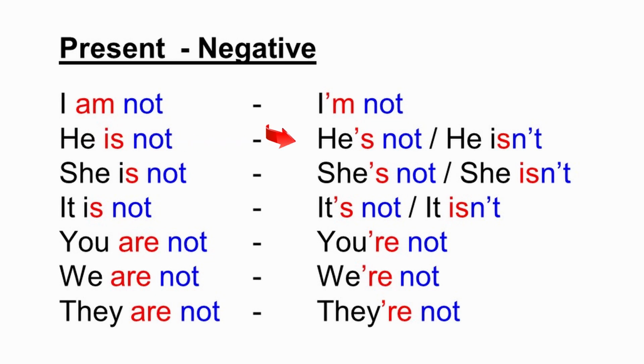We can say he's not or he isn't, and they both mean exactly the same. She is not or she's not or she isn't. It is not, it's not, or it isn't.